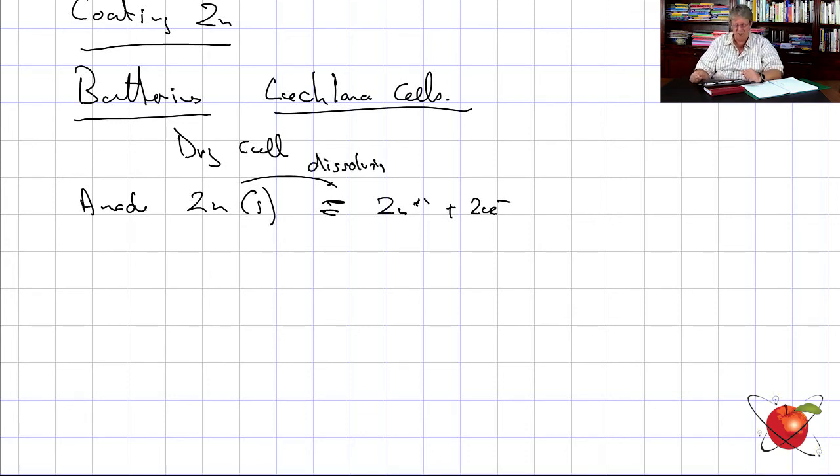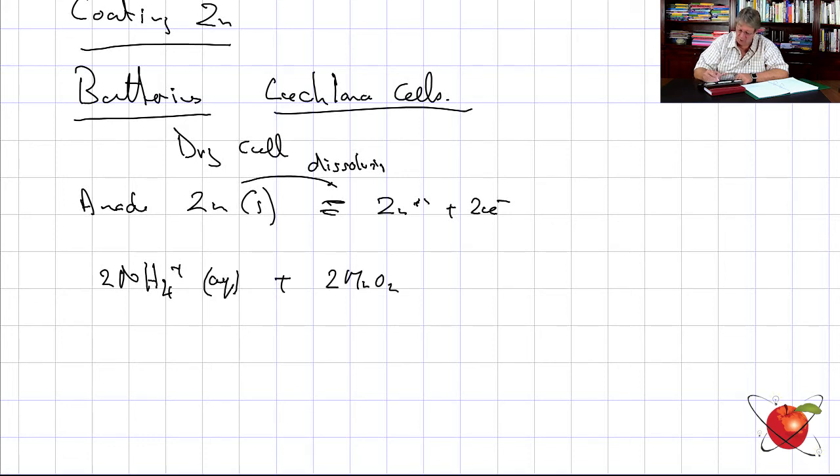The zinc is giving off electrons and going into an ion form, and it's picked up on the other side. And no, you just have to check if you need to know this. 2NH4+ (aq) plus 2MnO2 (s) plus 2 electrons goes to 2MnOOH, plus 2NH3.